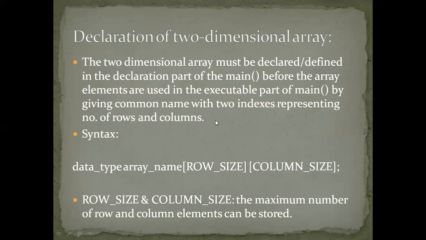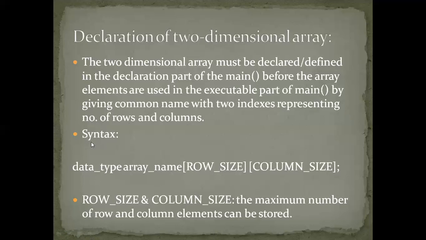We have seen this in the previous class, the structure of a C program. Within the main function, whatever variables we are going to use in the executable part, we are supposed to declare and define in the declaration part of the main function. Remember? Okay, fine.